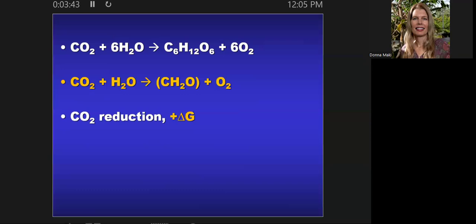And if you think about it, right now in our atmosphere, there's CO2. Right now in our atmosphere, there's water. And yet we can't just stick out our tongue and have sugar magically show up, right? It's not like we can do that. So if it's raining or snowing out, it might be fun to catch snowflakes on your tongue, but it's not going to feed you sugar. So it's just not happening spontaneously, unfortunately. So you have to provide quite a bit of energy in order to get that to happen.